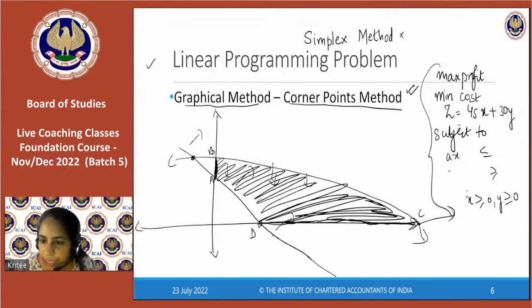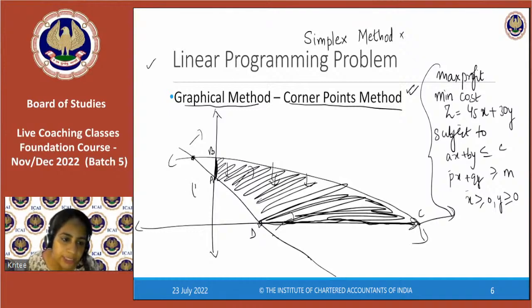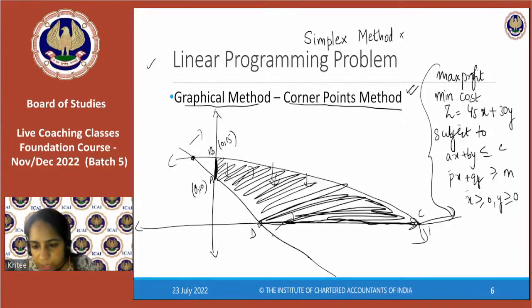So this is ax plus by less than, supposedly, c, and then this is px plus qy to be greater than or equal to m. So supposedly this point A is (0, 10). This point B is (0, 15). This point C ends up being something like, let's say, (15, 0), and let this be (2, 0).